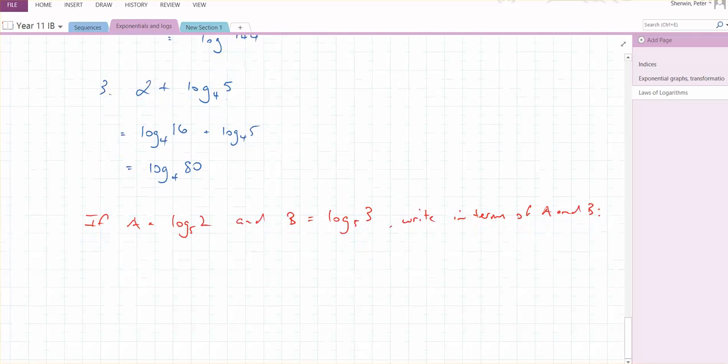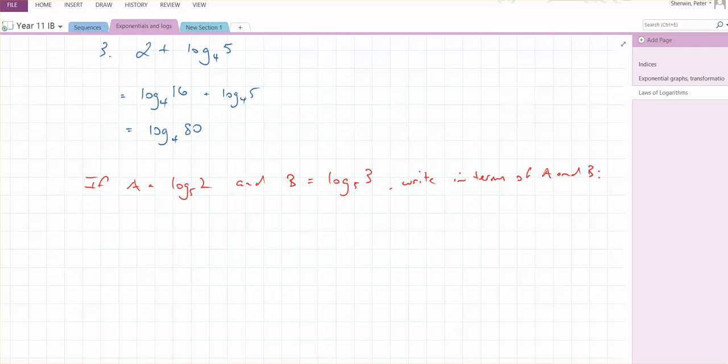The idea of this, and these are very popular exam questions, popular among examiners, maybe not students, but these are asked a lot, so we need to get our heads around this. So a is this, b is this, and we need to use our log laws to change these around so that we can have log 36 base 5 written in terms of a and b.